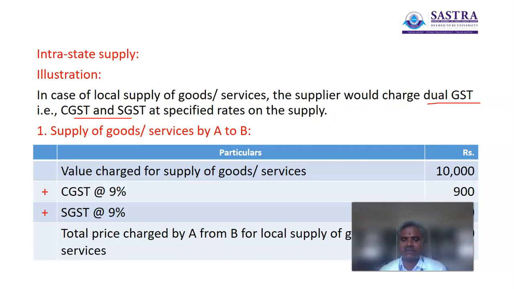So instead of SGST, you have to charge UTGST here, because you are doing business in a union territory. This is what you have to keep in your mind, my dear student.